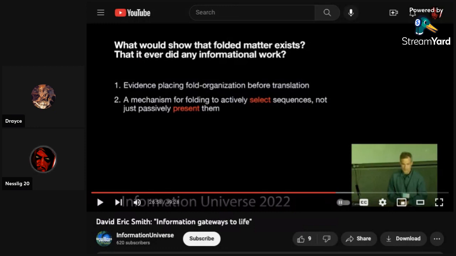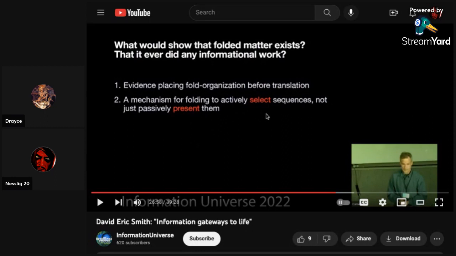Some form of translation is required to have an encoding sequence, right? You cannot produce an encoded protein without being able to translate your RNA sequences. So if you can show that folding came before translation, then it's a good start.